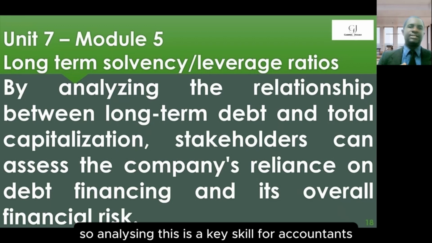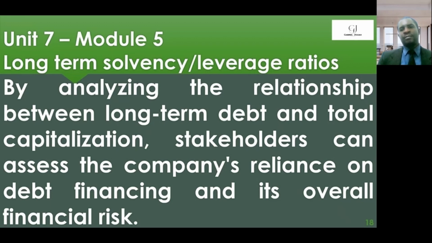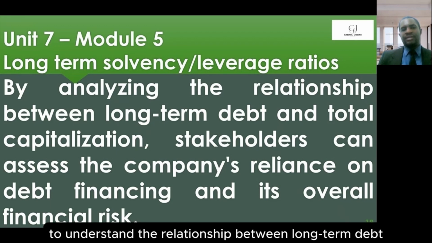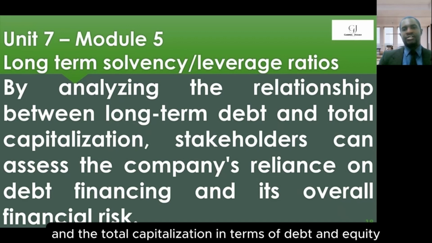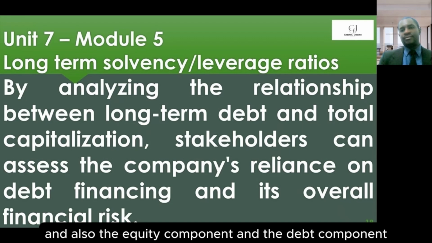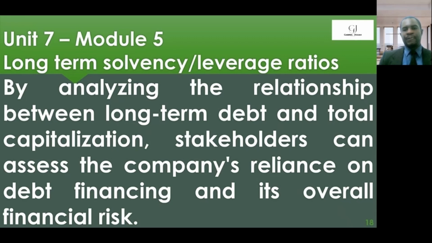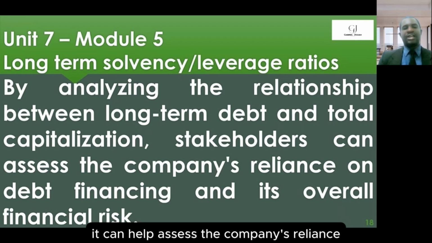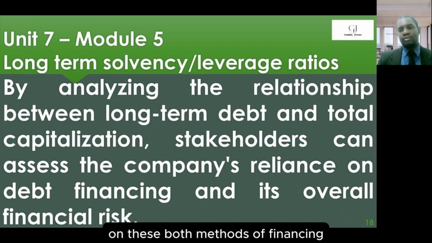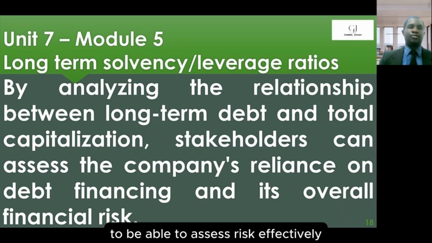So analyzing this is a key skill for accountants to understand the relationship between long-term debt and the total capitalization in terms of debt and equity, and also the equity component and the debt component separately. It can help assess the company's reliance on both methods of financing to be able to assess risk effectively.